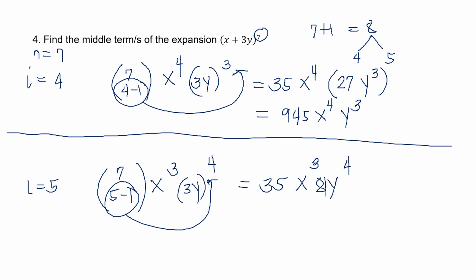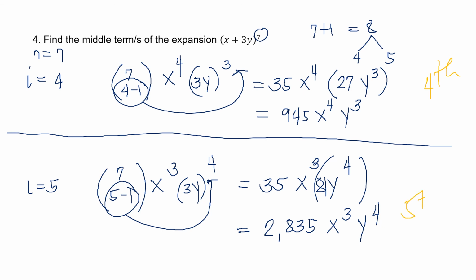So 35 times 81 is now equal to 2,835. Therefore, we have the fourth term, that is 945x raised to 4y cubed, and the fifth term, that is 2,835x raised to 3y raised to 4.